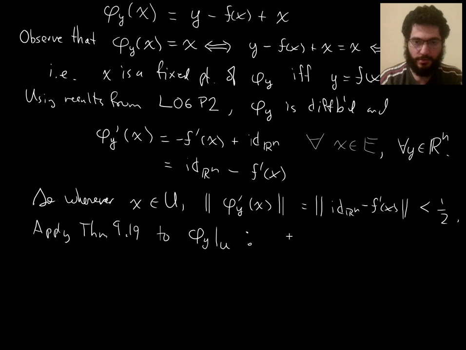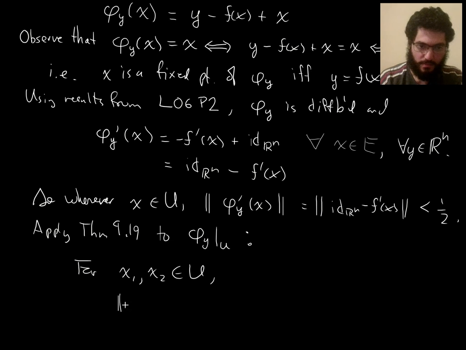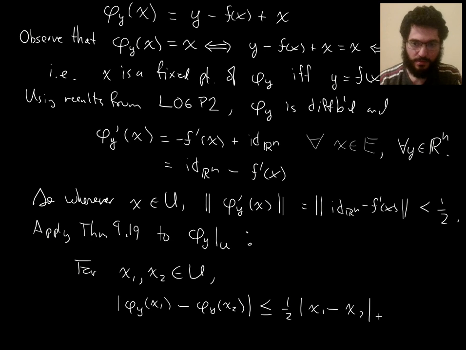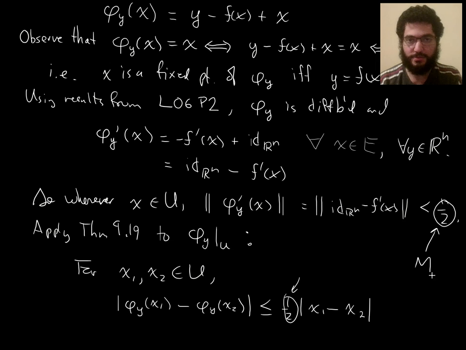So I can apply Theorem 9.19, and I get that for any x1, x2 in U, the distance between phi y of x1 and phi y of x2 can be no more than 1/2 the distance between x1 and x2, where this 1/2 is the capital M that shows up in the statement of Theorem 9.19.